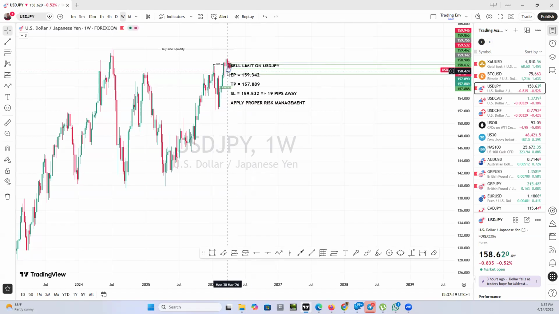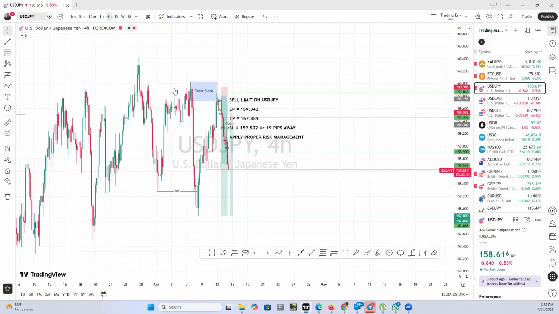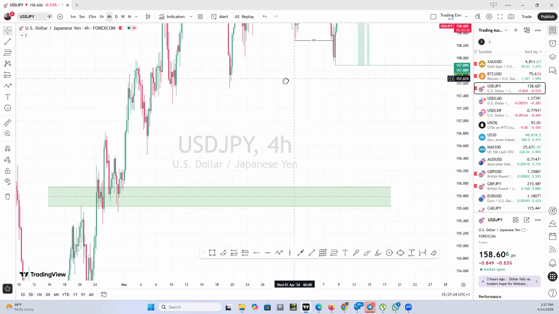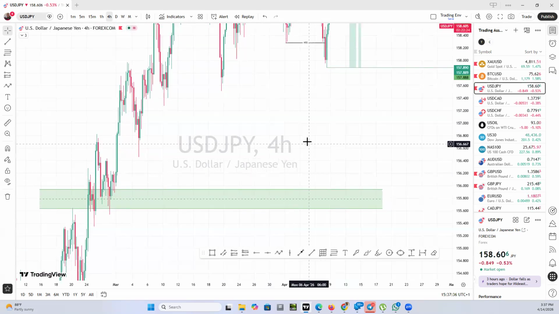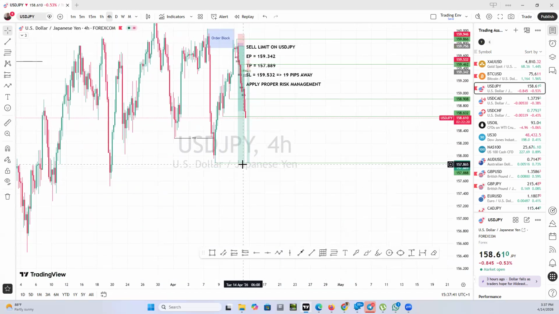So if we drop to maybe 4 hour, as you can see, that retracement is going to be like entire downtrend for market to reach that FVG, which I think is going to be somewhere. I did not draw it, but my target is here to sell. I'm going to keep selling till market reaches here.